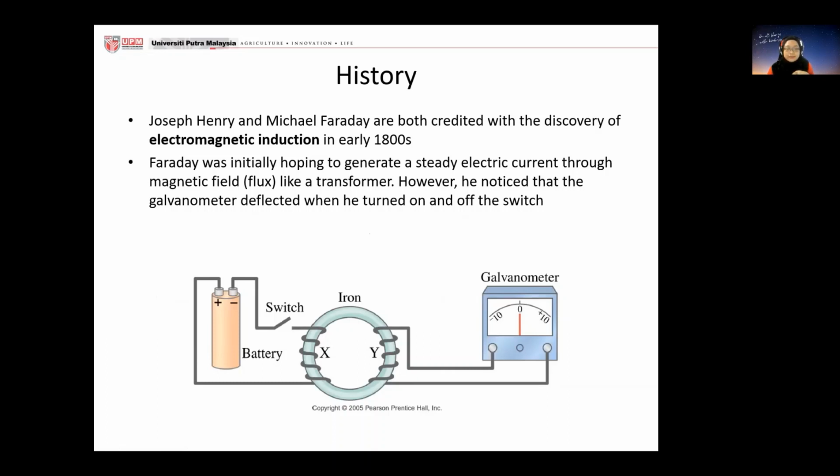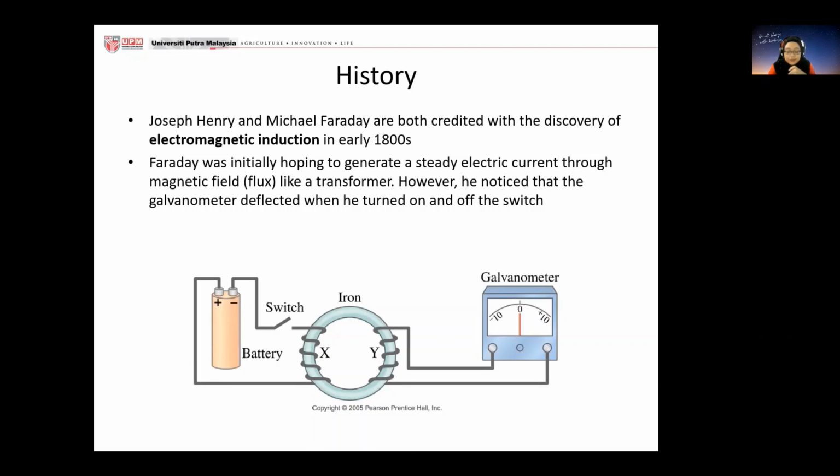Okay, so basically, just now, I was talking about how you can magnetize metal, right? So Faraday has this idea, okay? If we can magnetize something from electricity or from current, is it possible to do it the other way around?